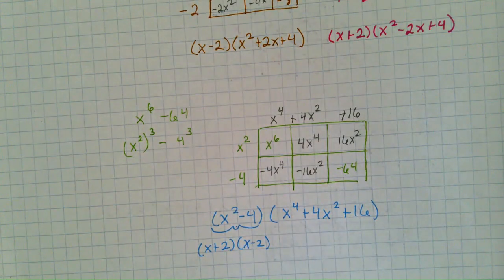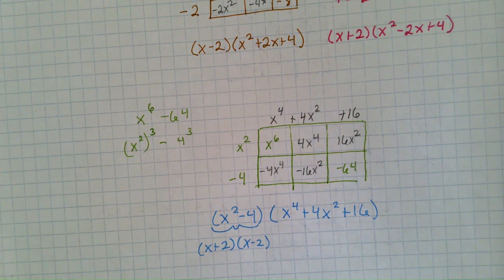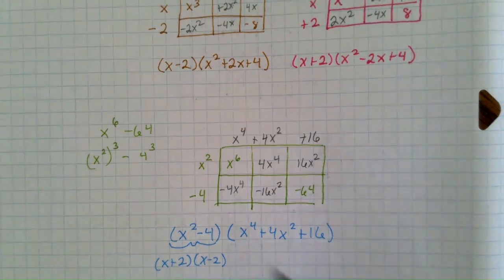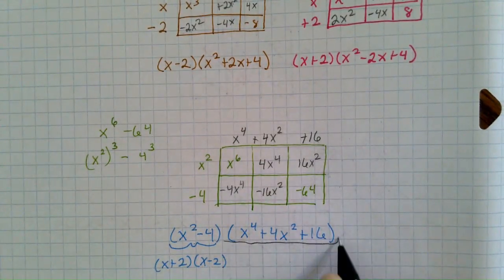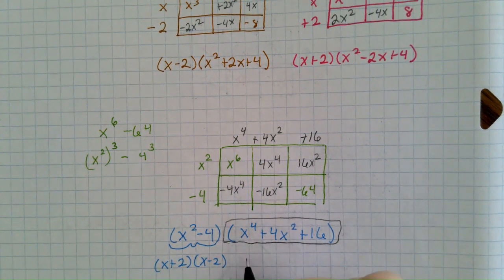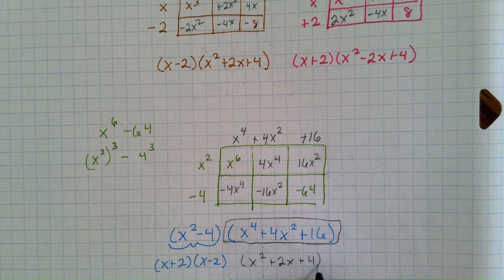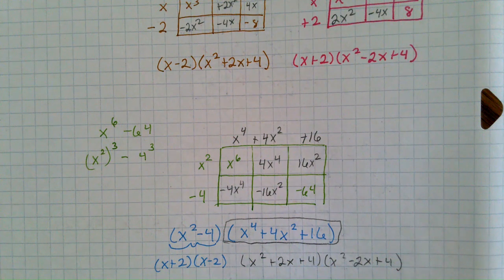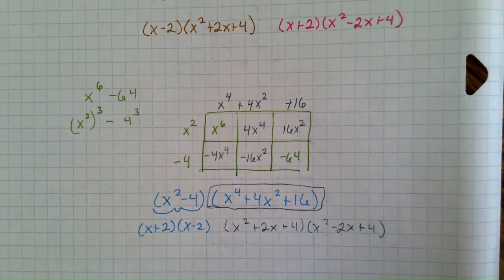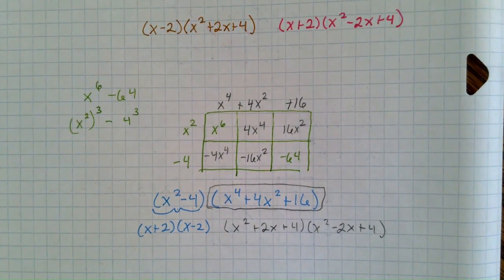This just happens to be one of those that has no actual real answers, but this here is actually the product of x squared plus 2x plus 4 and x squared minus 2x plus 4, which would not have been fun to go ahead and multiply out.